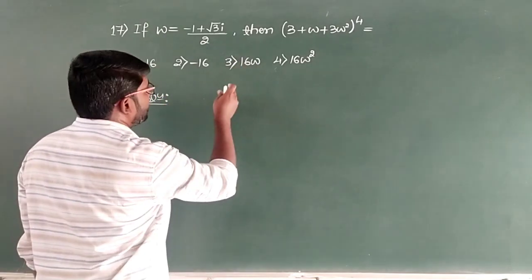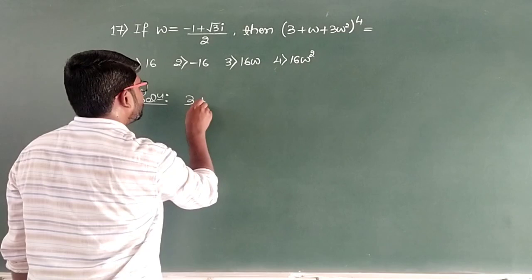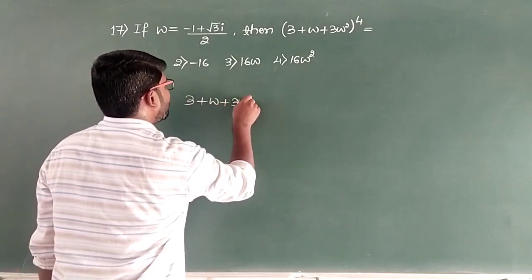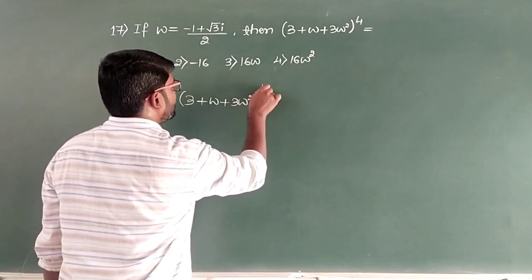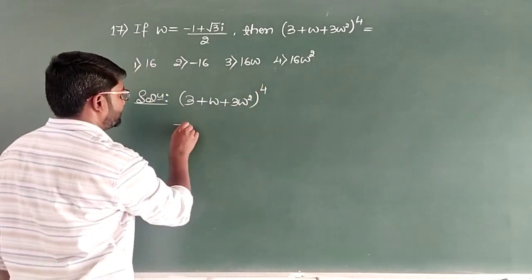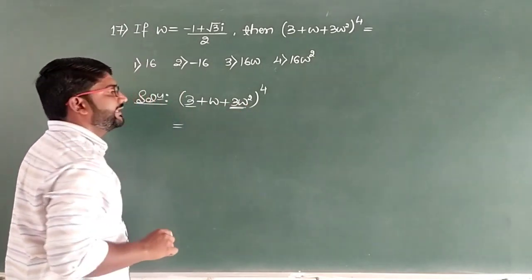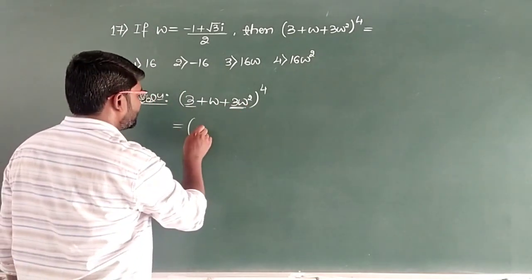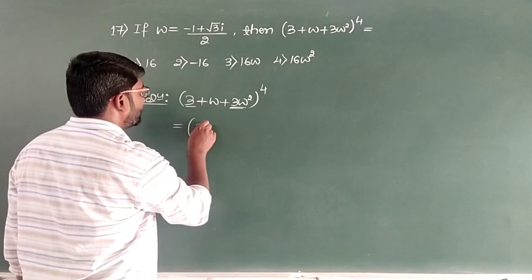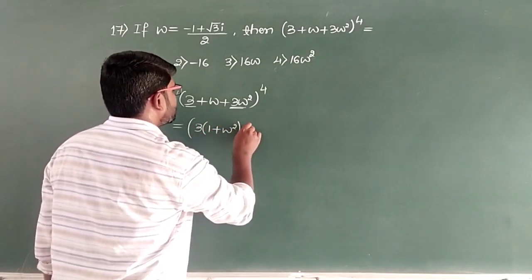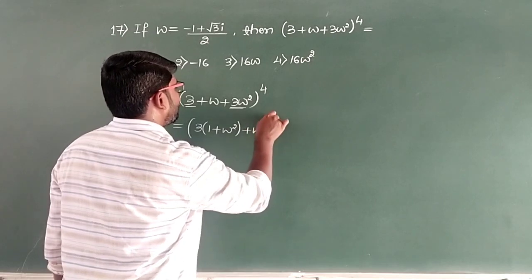So I'll take the given condition now, (3 plus omega plus 3 omega square) whole to the power 4. In the first term and in the third term I can take 3 common. If we take 3 common, we get (1 plus omega square) plus omega, whole to the power 4.